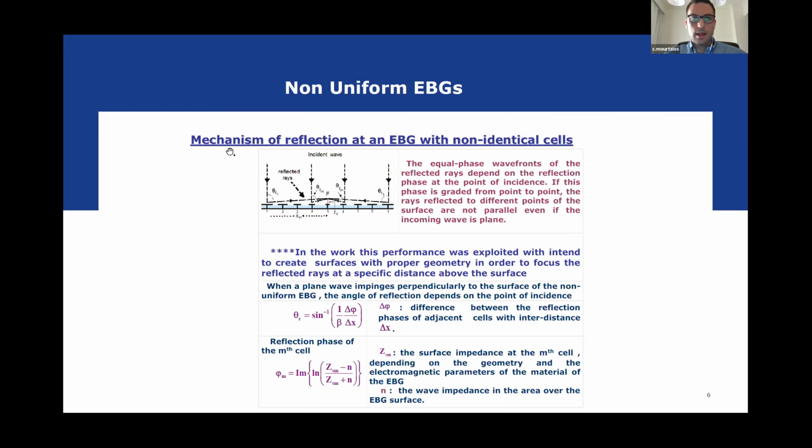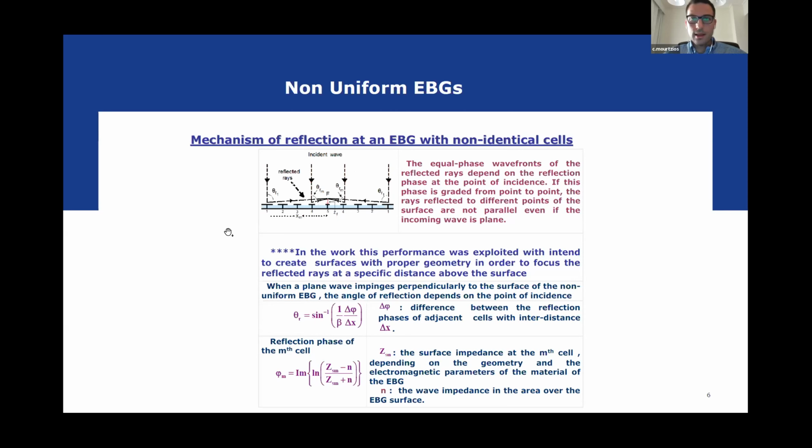So let's see the mechanism of the reflection at non-identical EBGs. The equal phase wavefronts of the reflected rays depend on the reflection phase at the point of incidence. So if this phase is graded from point to point across the surface, the rays reflected to different points of the surface are not parallel, even if the incoming waves, which are this one, are plane.